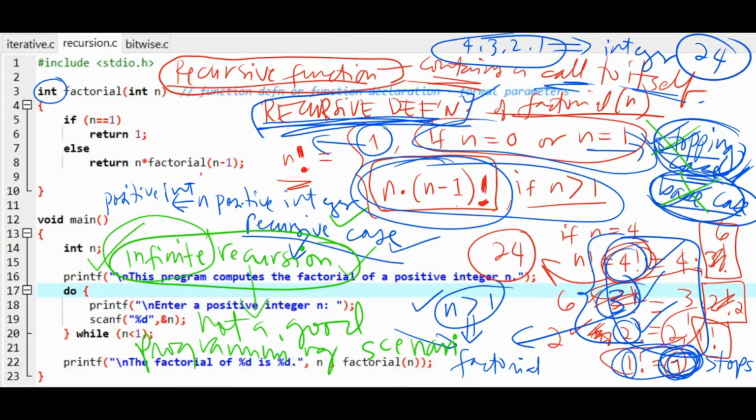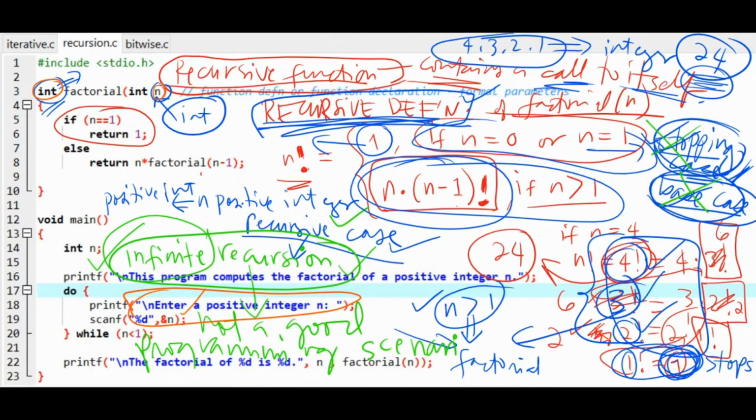So this function, factorial, has a return type integer, and the formal parameter n is also integer because that is what we required in here, that n should be a positive integer. So this is integer and it returns integer, and this is the first case, the stopping case. The meaning of this case in the mathematical definition is if n is equal to 0 or n is equal to 1, then this function will return the value 1.